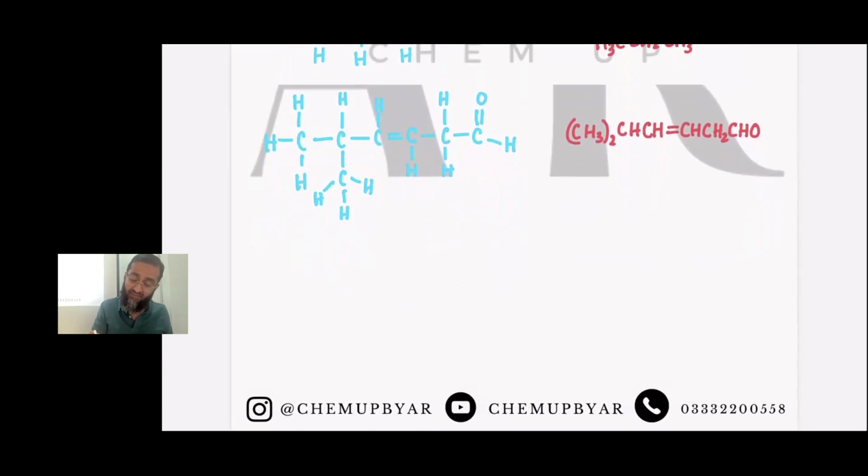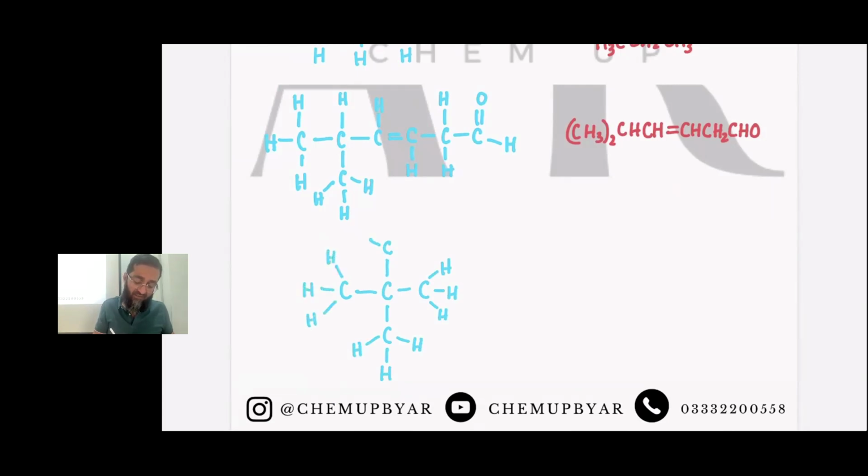Now, for example, if you have this structure, a carbon in the middle, and over here you got CH. And all 4 bonds of that carbon is with carbons only. So 3 hydrogens over here. 3 hydrogens. 3 hydrogens.